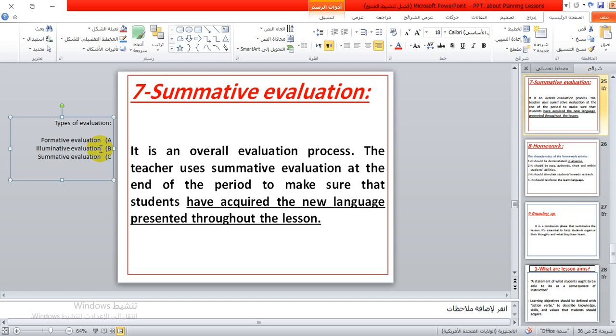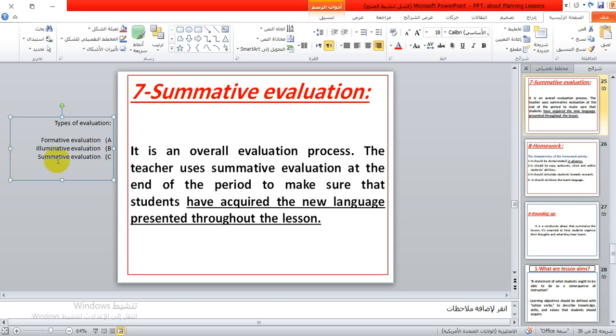For example, you can ask what type of error correction strategies teachers use. How do students understand the teacher's attention during the lesson? How do students carry out group work tasks? Do all students participate equally in them?